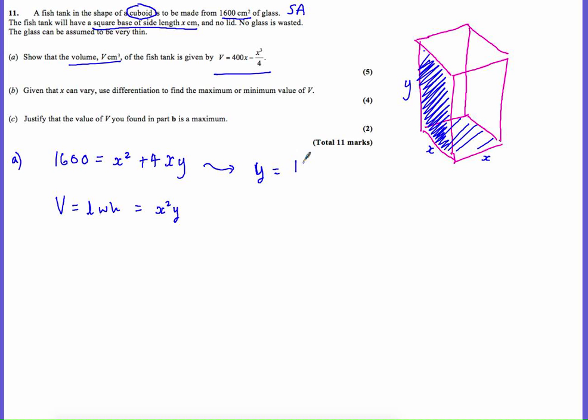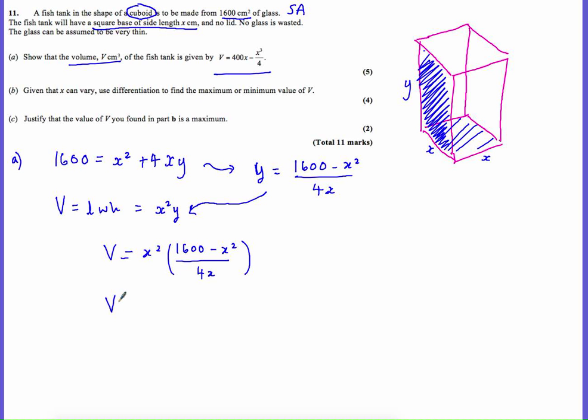So quick bit of rearranging, 1600 minus the x squared divided by that 4x gives me a formula for y, and now I can stick that into there. So get V equals x squared times 1600 minus x squared over 4x.